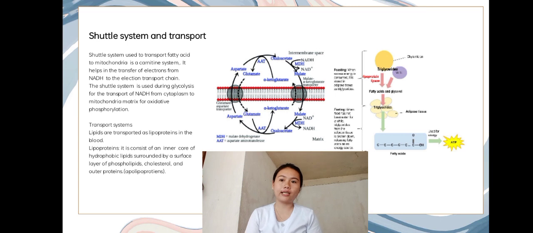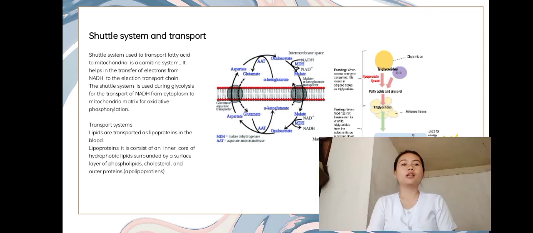Lipoproteins consist of an inner core of hydrophobic lipids. Hydrophobic means not water-loving. It is surrounded by a surface layer of phospholipids, cholesterol, and outer proteins, the apolipoproteins.